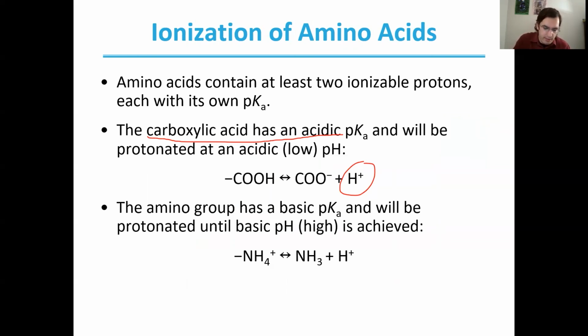We also have our amino group that is basic. So our amino group will tend to accept protons and become positively charged. So these will have a key effect on our amino acids and our proteins, as we'll be able to donate and accept protons from our amino acids. We'll take a closer look at the ionization of our amino acids and these acid-base reactions in our next video.